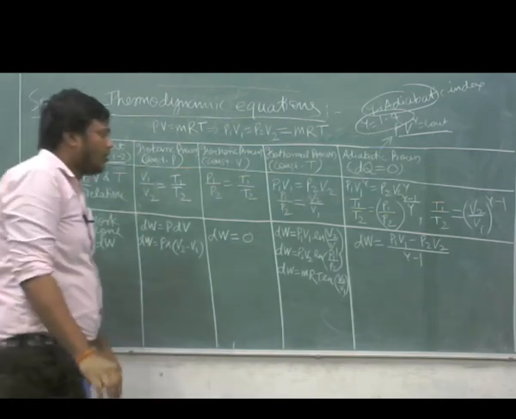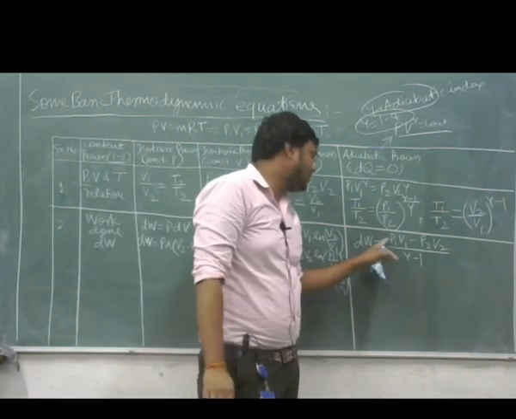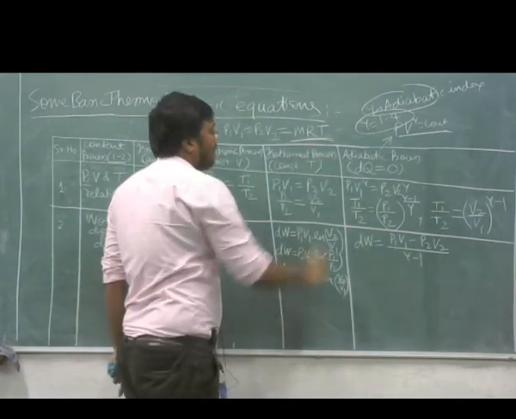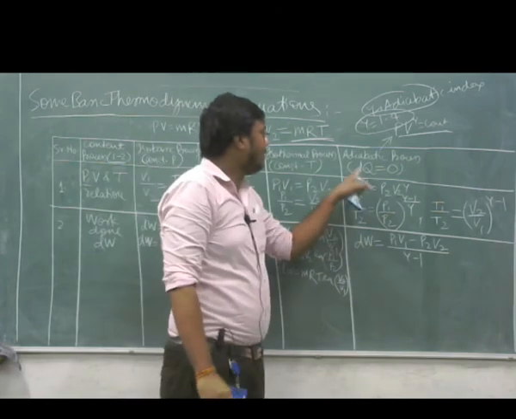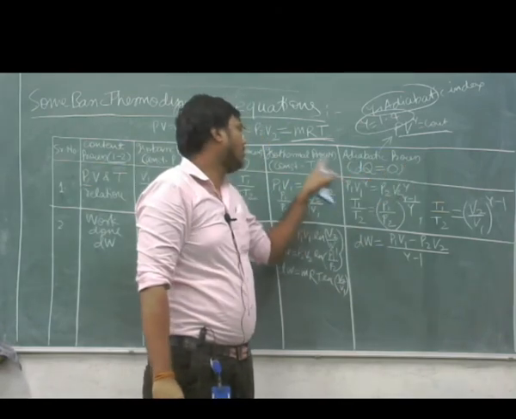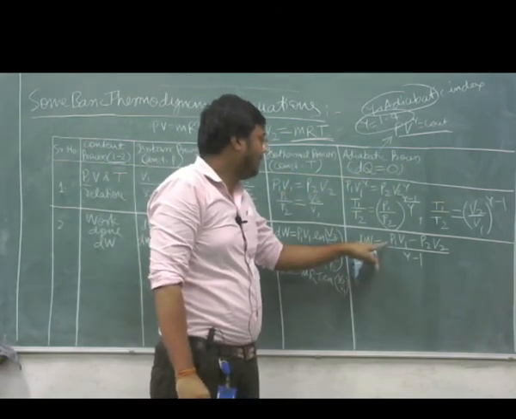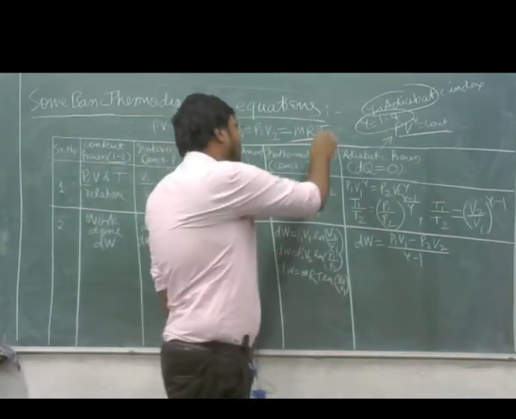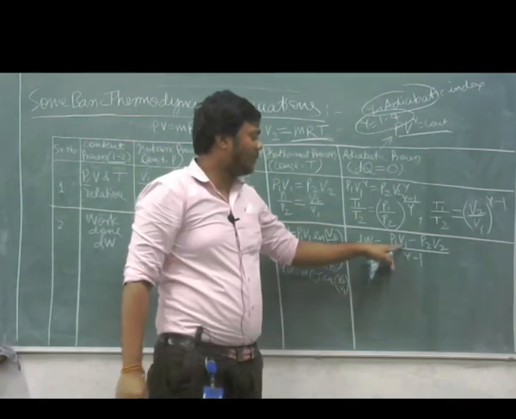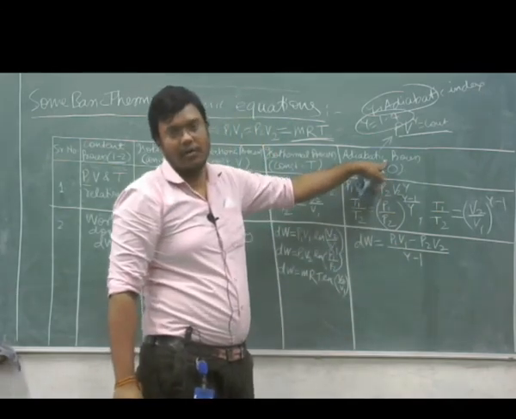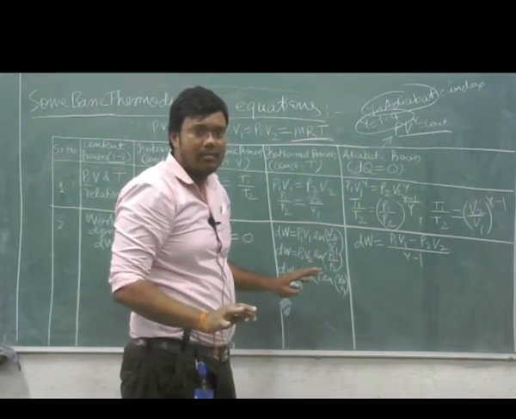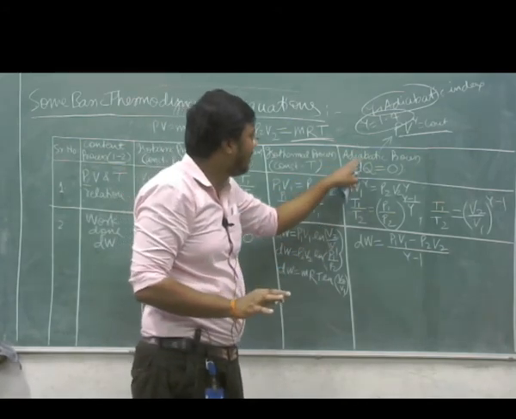Now here also you can replace P1 V1 by MRT. Here it is an adiabatic process, not an isothermal process. So in this condition P1 V1 should be equal to MRT1. Here T1 will come because it is not an isothermal process. Temperatures T1 and T2 will not be equal; both temperatures will differ because it is an adiabatic process.